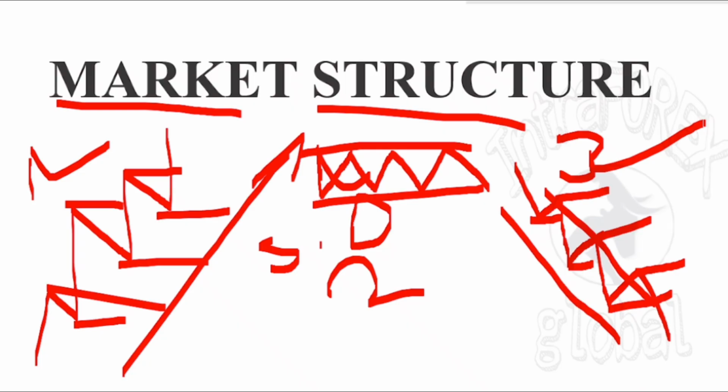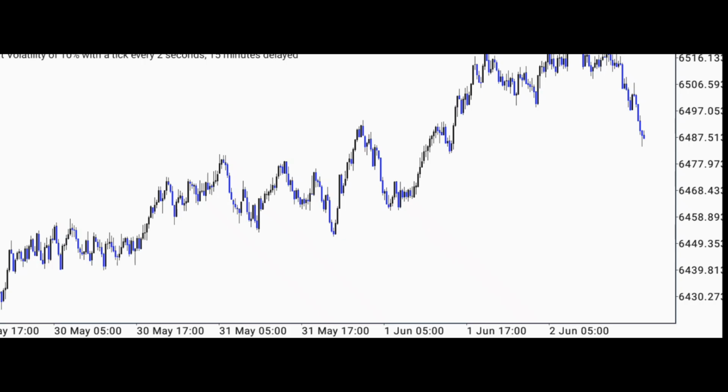So let's look at the charts. Let me try to demonstrate it on the charts for you guys. As we mentioned, there are 3 things you need to take into consideration as you open your charts. The first one is the uptrend, where the chart is making higher highs and higher lows. Then the sideway market, where the movement is just bouncing within ranges. Then we have the downtrend, where the market is making lower highs and lower lows.